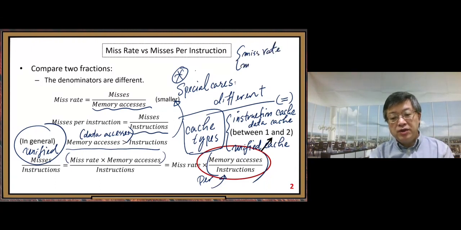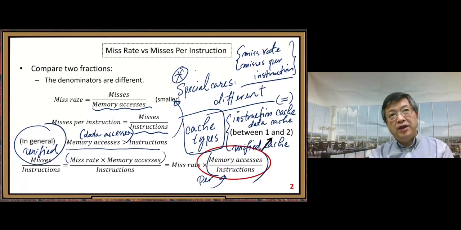Sometimes I give you misses per instruction. So when you read the question, you should read carefully and use the right formula. All right, so let's finish our 8.3 here.